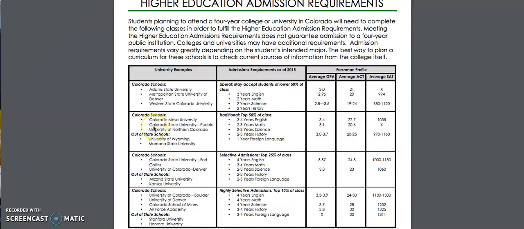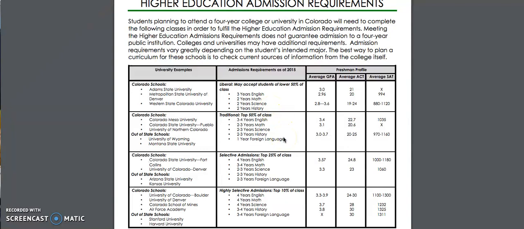So if we just took, for instance, let's drop down here, Colorado State University, CSU in Fort Collins. It's in the top 25% of selective schools. So they're looking for basically what we offer. It's in line with our graduation requirements. 4 years of English, 3 to 4 of math, 2 to 3 of science, history. Here you can see this is where that foreign language comes in, and is really important because depending on how selective a school is, it may not require foreign language at all.